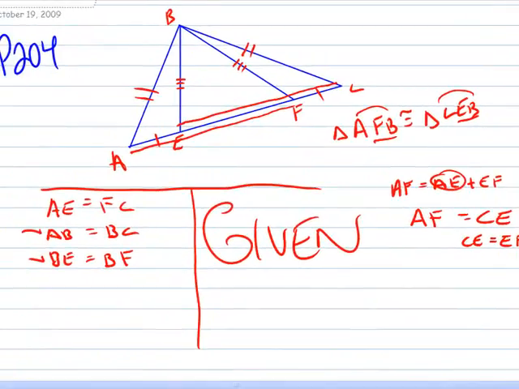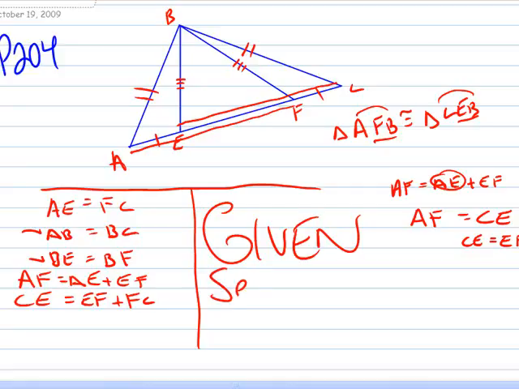So I'm going to go back here and I'm going to do my real steps. AF is AE plus EF. And CE is EF plus FC. That is where segment addition comes in.